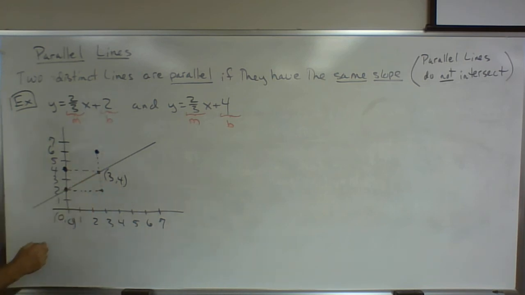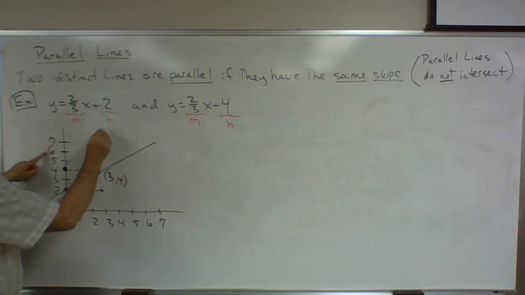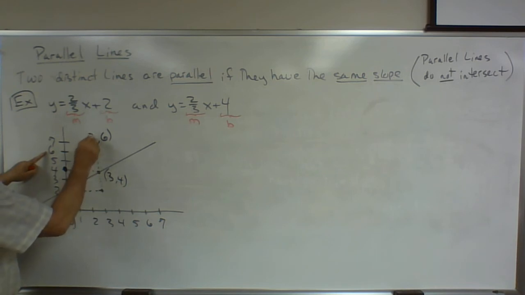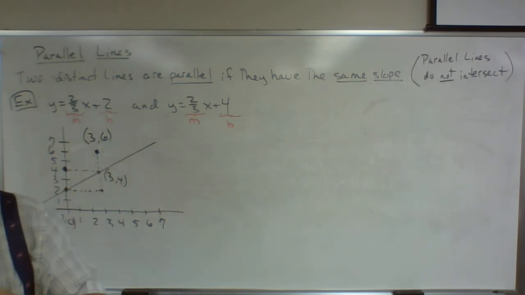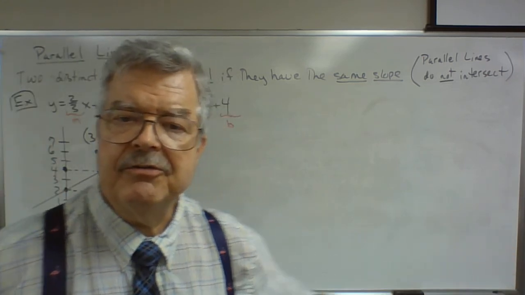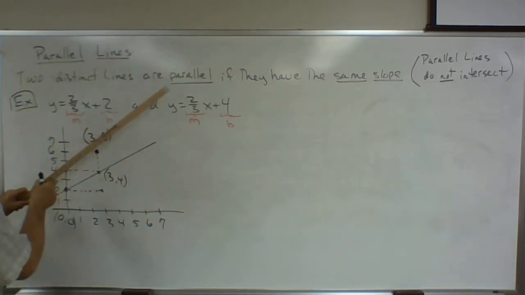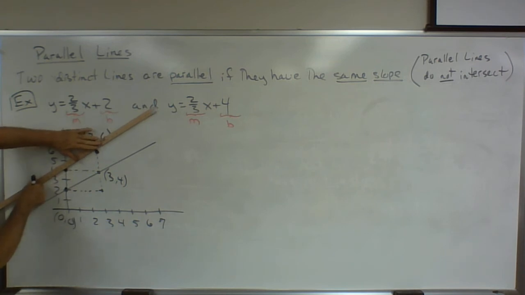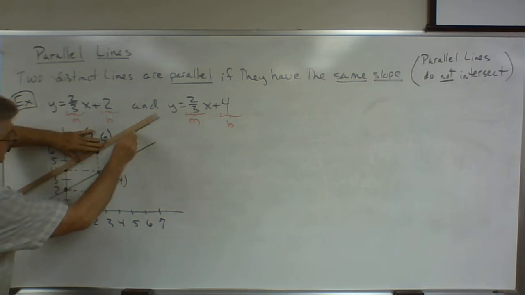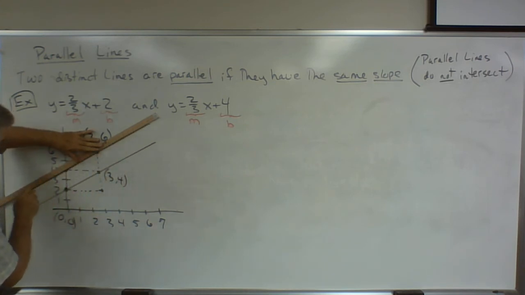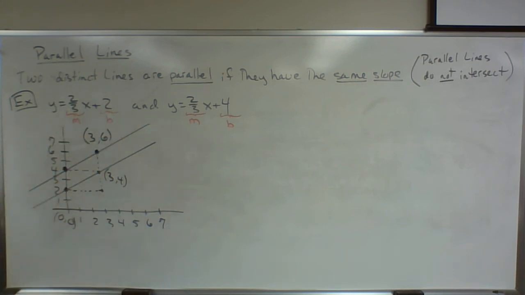And that puts me at what point? Y is 6 and x is 3. Okay. And let's graph that and show that these two lines are in fact parallel. Beautiful, isn't it?